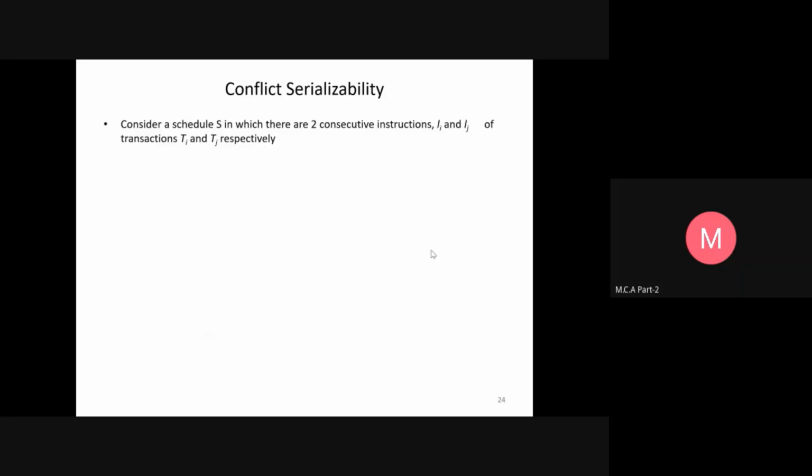Consider a schedule S in which there are two consecutive instructions, which we are calling Ii and Ij. Ii belongs to transaction Ti, and Ij is an instruction from transaction Tj, and obviously i is not equal to j.